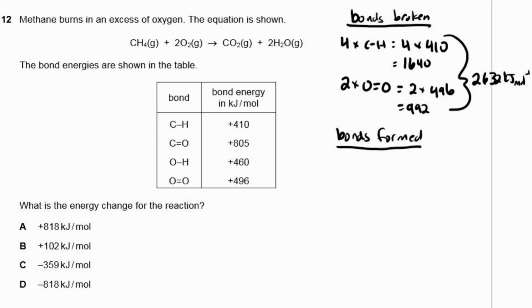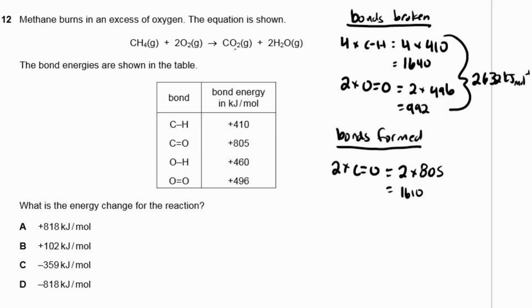Okay, so we've formed our carbon dioxide, so we have 2 times C double bond O. So that equals 2 times 805 kilojoules per mole. So that is 1610 kilojoules per mole.